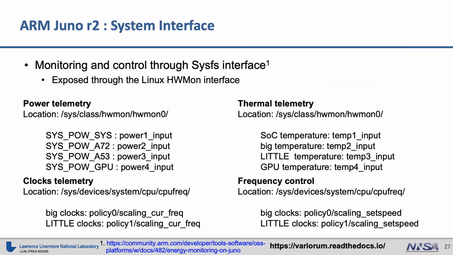The sysfs interface also provides the temperature sensor measurements in degrees Celsius. For clock measurement and control, Variorum leverages the standard Linux CPUFreq interface. And the system also exposes these interfaces separately for both big and little clusters on the SoC.